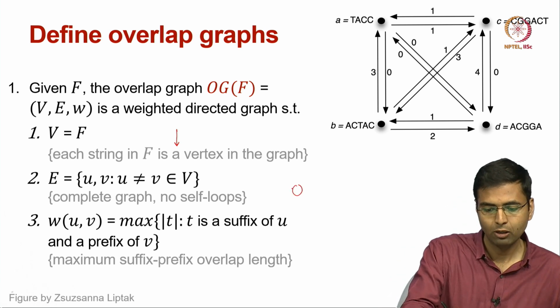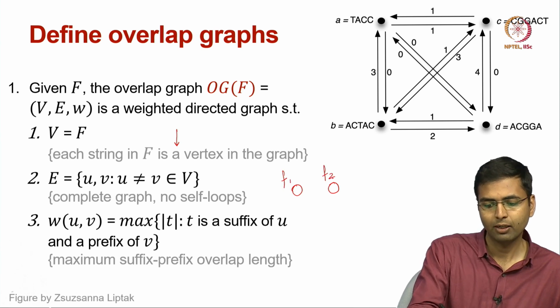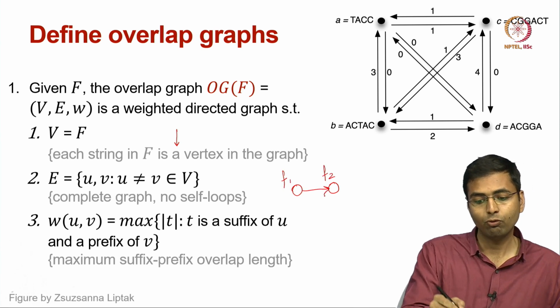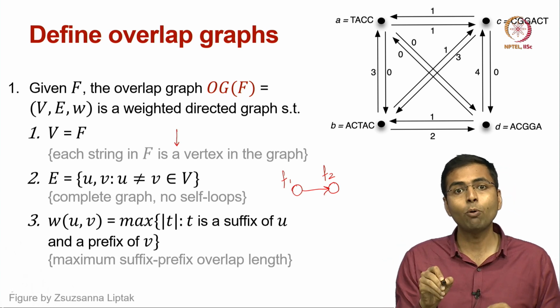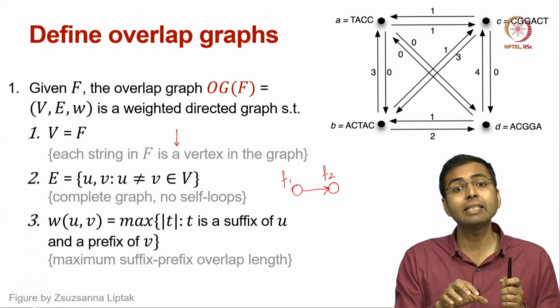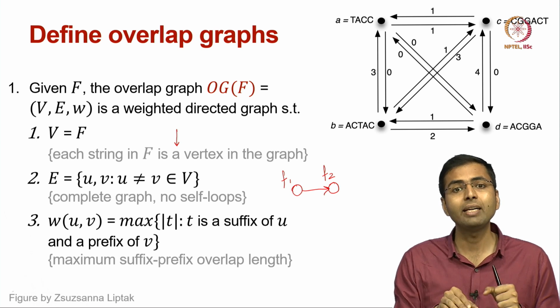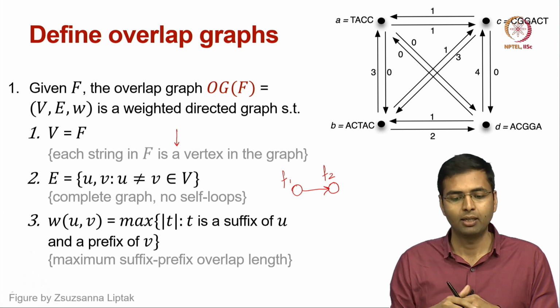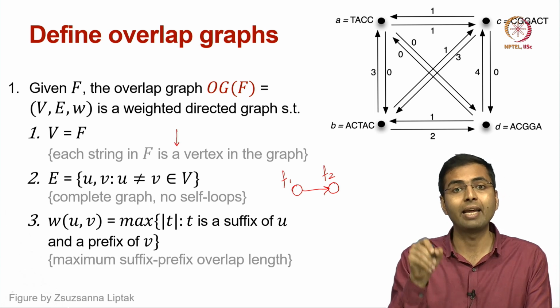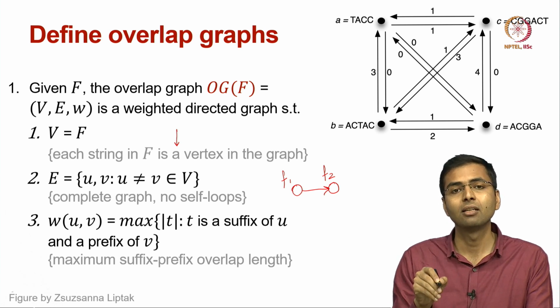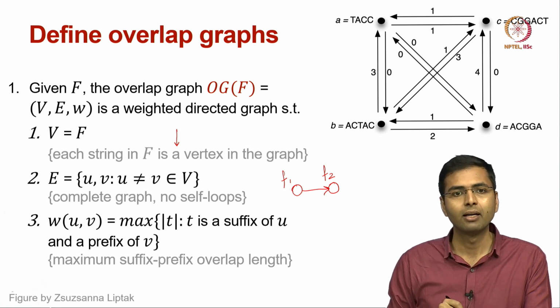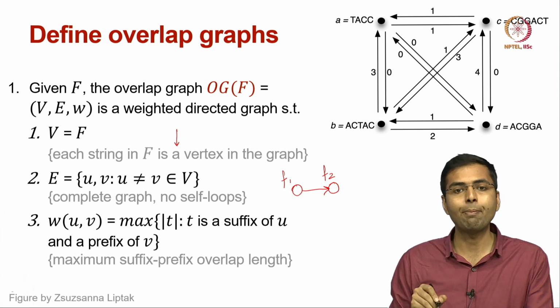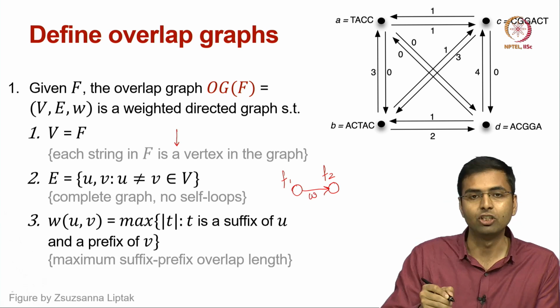So, if you have two strings f1, f2, then the weight of the edge from f1 to f2 will correspond to the length of the longest suffix prefix match between f1 and f2, that is, the length of the longest suffix in f1 that matches a prefix of f2. So, this is the maximum suffix prefix overlap length and that will be the weight of this edge.